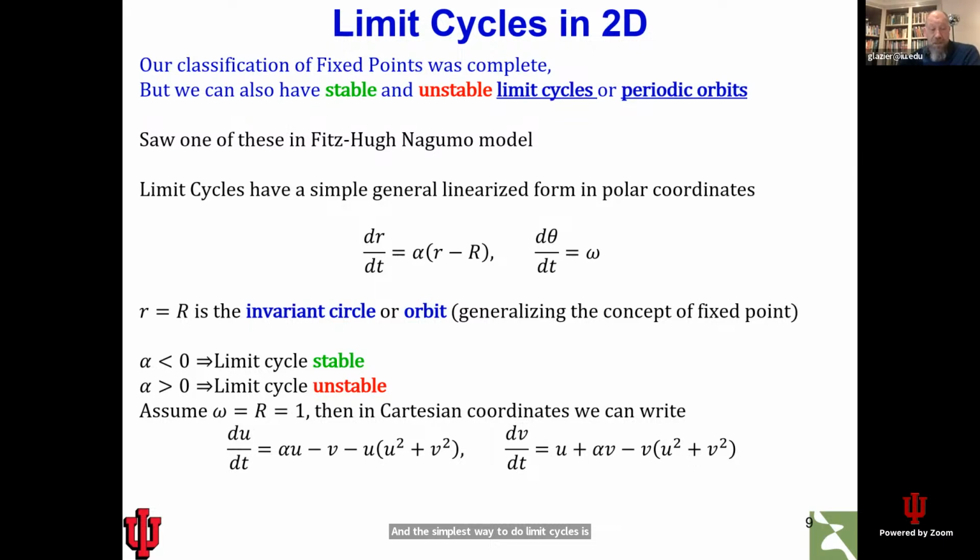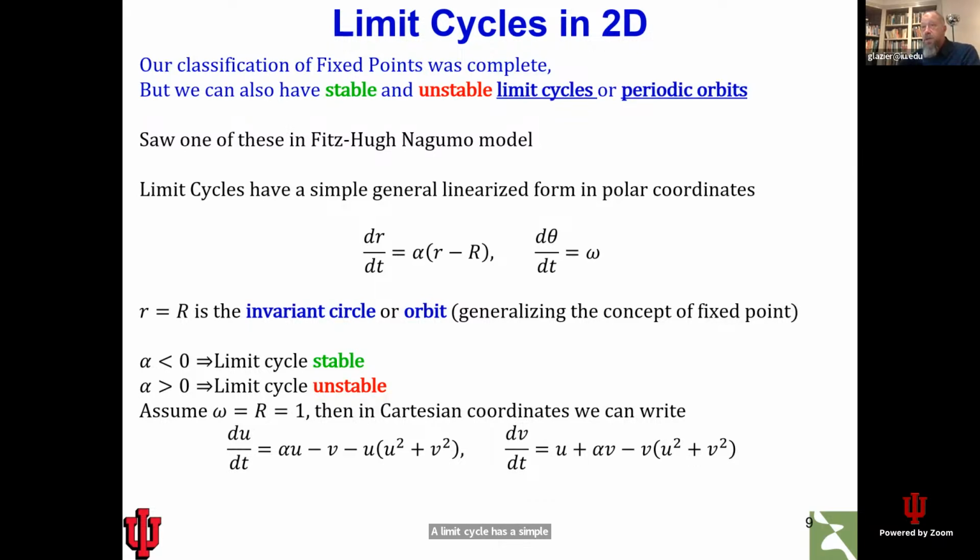We did the simple forms for the various bifurcations in 1D before. A limit cycle has a simple generalized form.